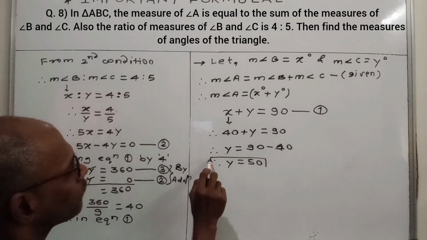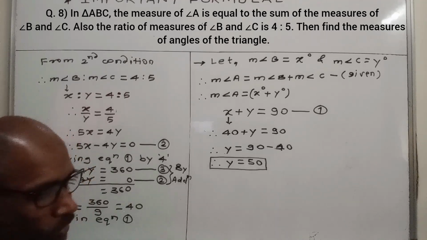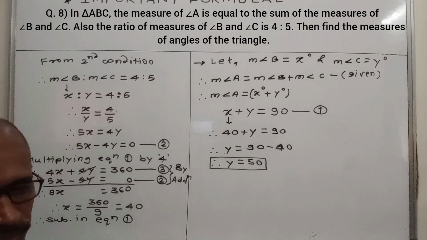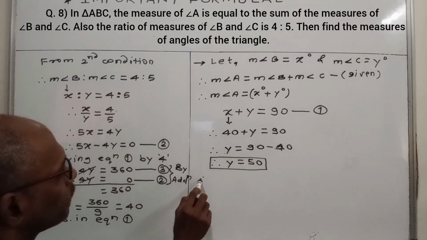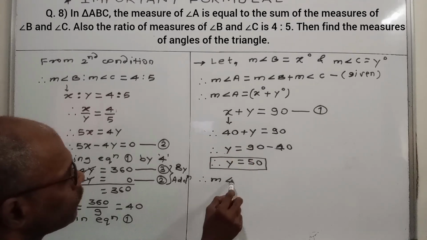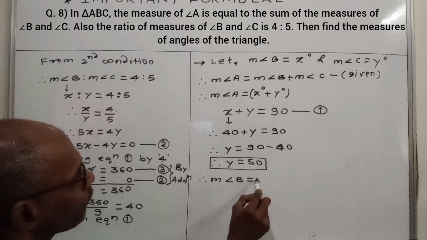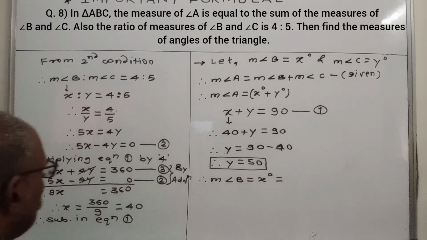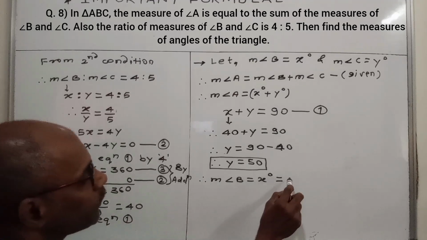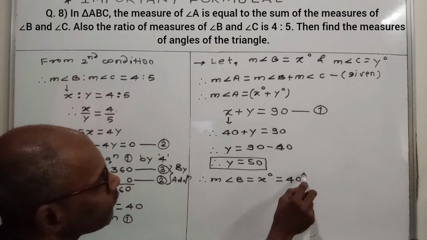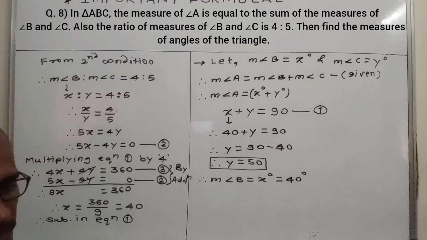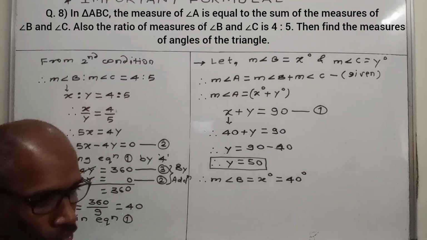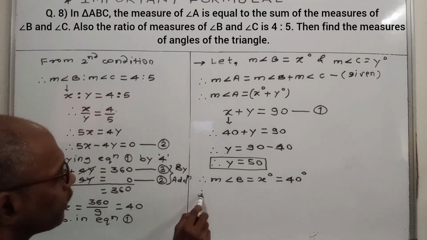Did you get it? Now, find the measures of angles of a triangle. Therefore, measure angle B is equal to x degree, what is value of x? 40. Therefore, measure of angle B is equal to 40 degree.